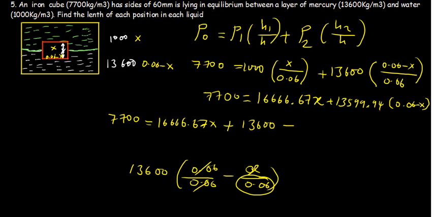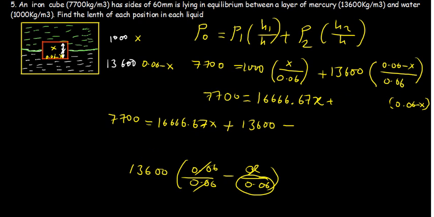13,600 divided by 0.06, that is the same value that we were trying to find. Let's hope I didn't punch it wrongly on my calculator. It seems I had punched it wrongly, because 13,600 divided by 0.06 is not giving me this value, so this was an error in punching.